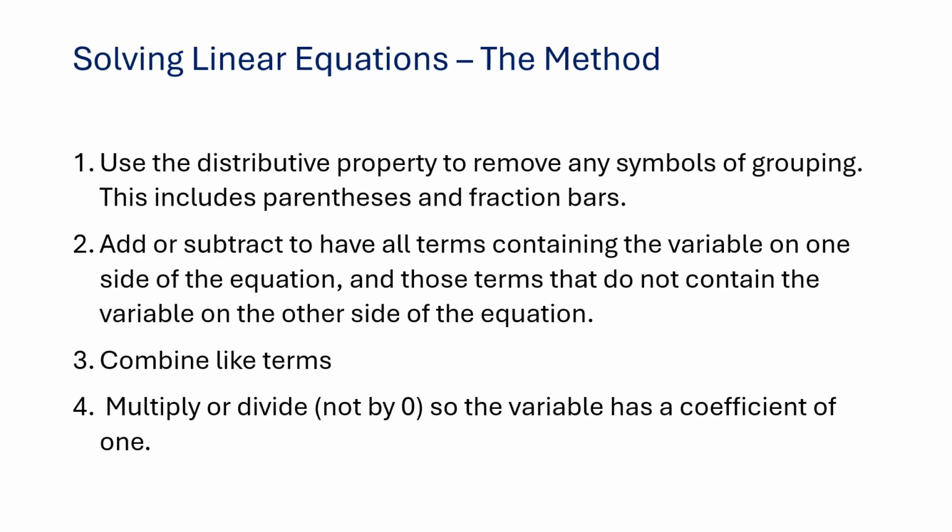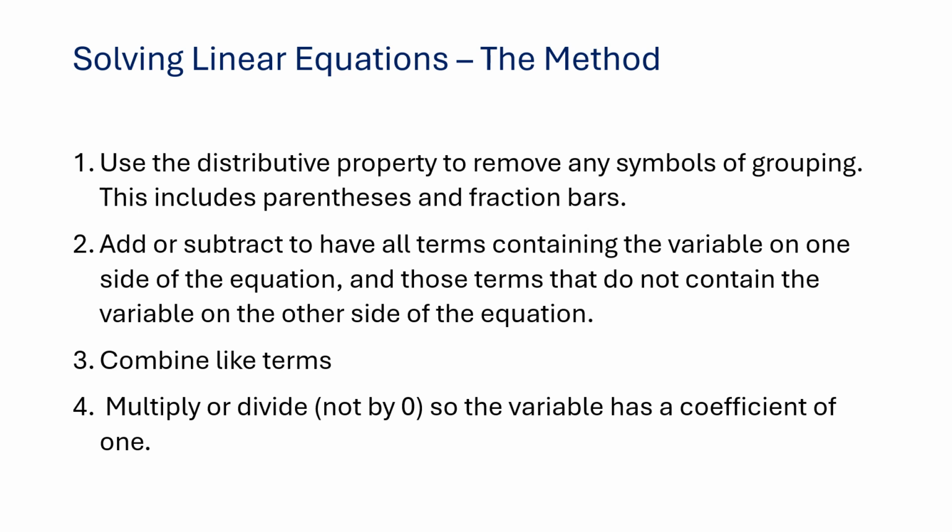Linear equations can be solved by a simple method. Basically, we get rid of the symbols of grouping, which means get rid of the parentheses. To do this, we use the distributive property to remove all the symbols of grouping.